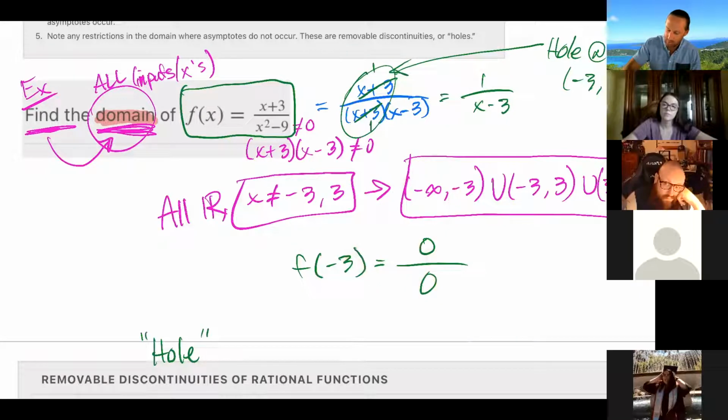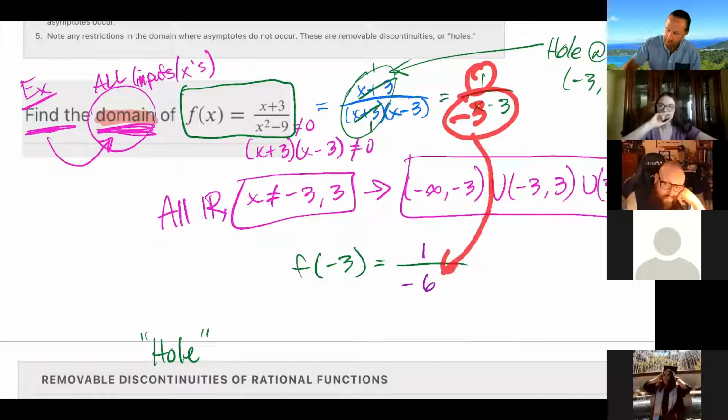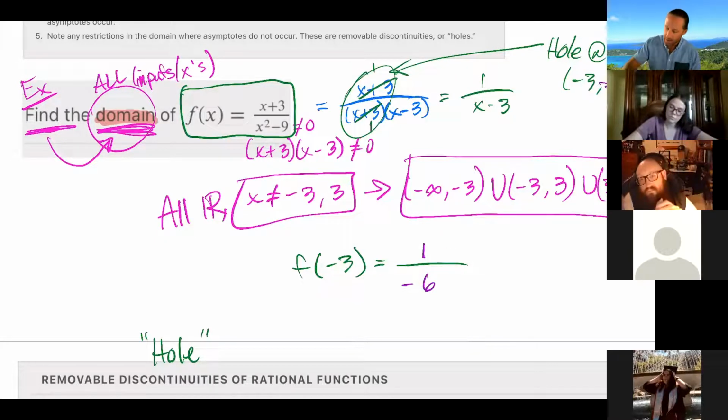So what would that mean I would get? -1/6. Good. And if I put in a -3 there and subtract 3, I get -6. So I actually know exactly the location of that hole or open dot. Cool?